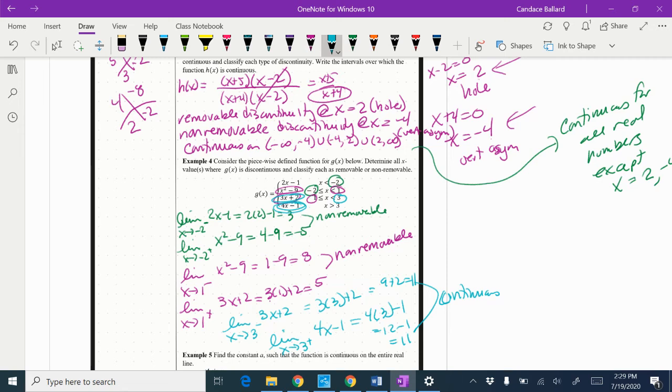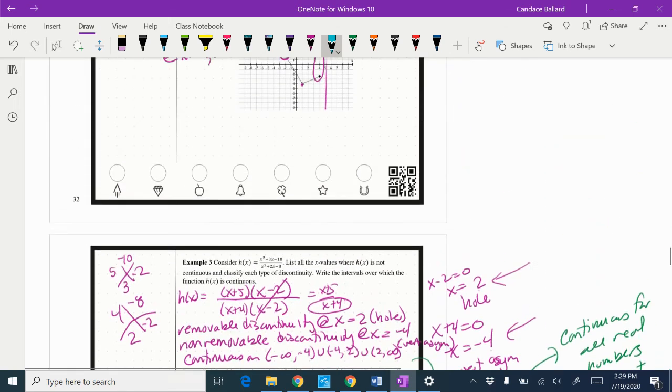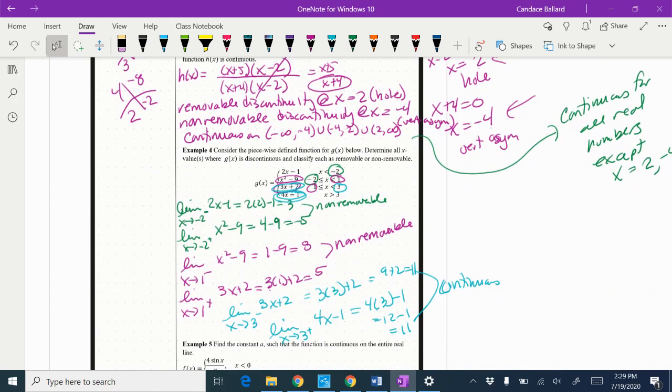And then typically with piecewise, it always is a non-removable because it's some kind of a jump function. So we would want to make a statement about the continuity. Oh, we were supposed to classify each. Okay, so we're going to say something like g of x has non-removable discontinuities at x equals -2 and 1.